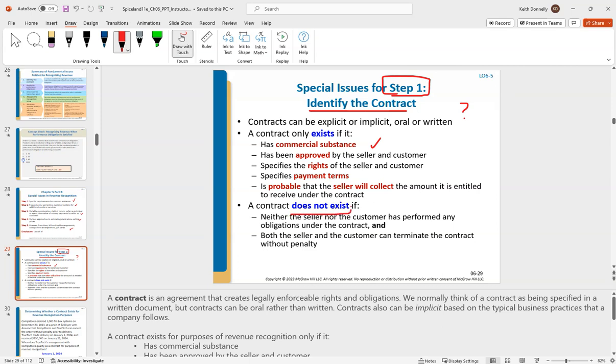There would not be a contract if either of the parties could terminate the contract at any point in time. That's called an illusory contract. Anybody can do whatever they want. It's not really a contract because we're not holding anybody to anything here. And neither the seller nor the customer has performed the obligations.